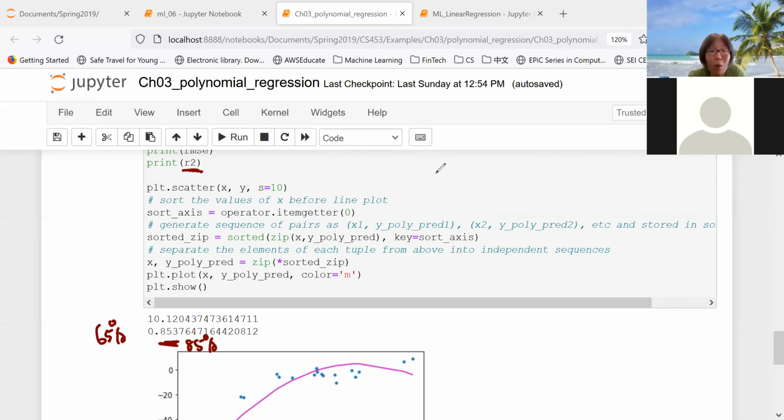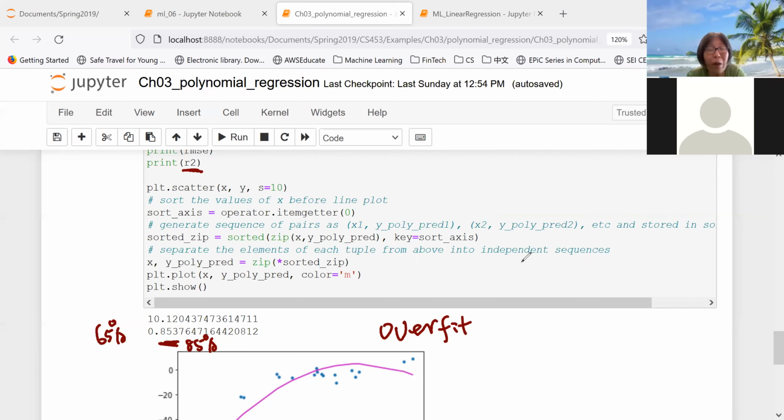But later on, we will also learn that it's not always a better choice. If you do the polynomial, it may also cause overfit.